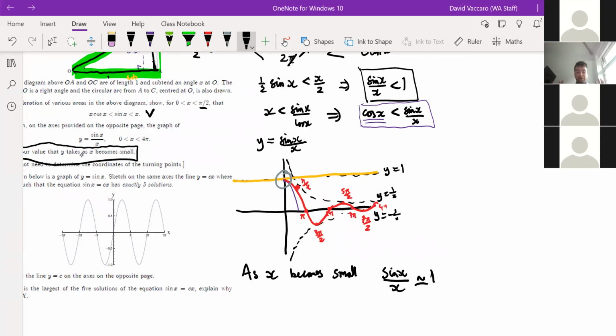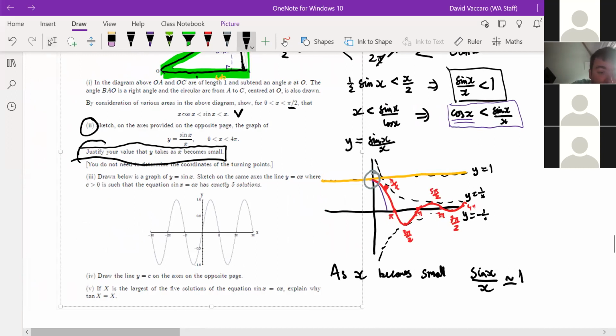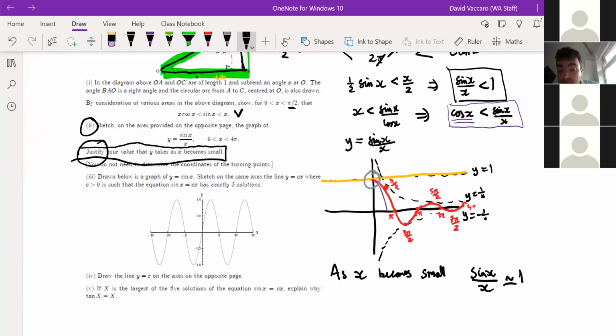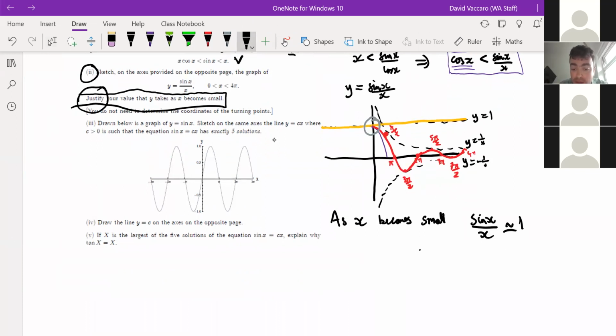And notice this thing that it's asking you to do here is to justify. So how can we justify that the curve is becoming close to 1? Now, why? So sine x over x is close to 1 because it's less than 1, but bigger than cos x.